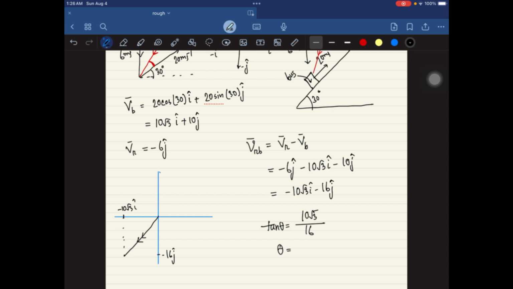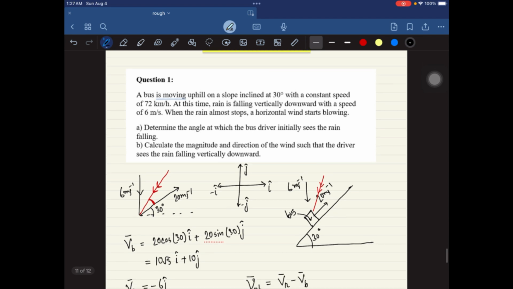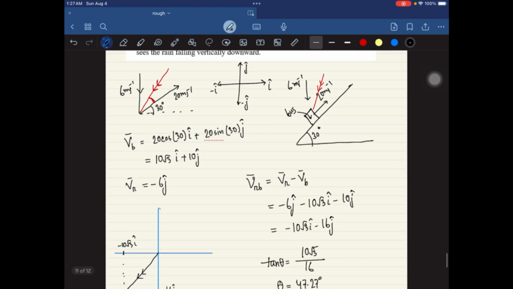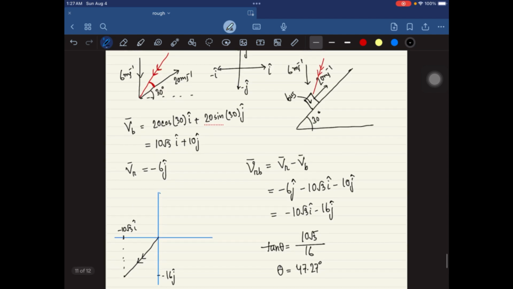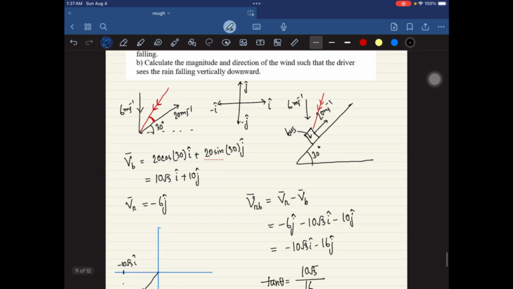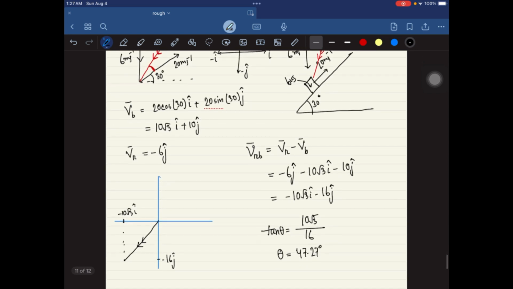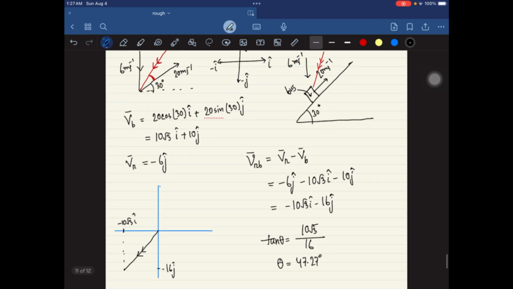So theta should be the inverse tan of 10 root 3 divided by 16, which is 47.27 degrees. This 47.27 degree angle is with the vertical line.